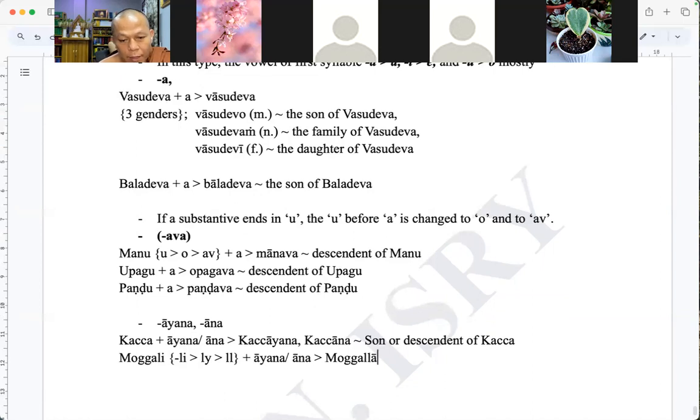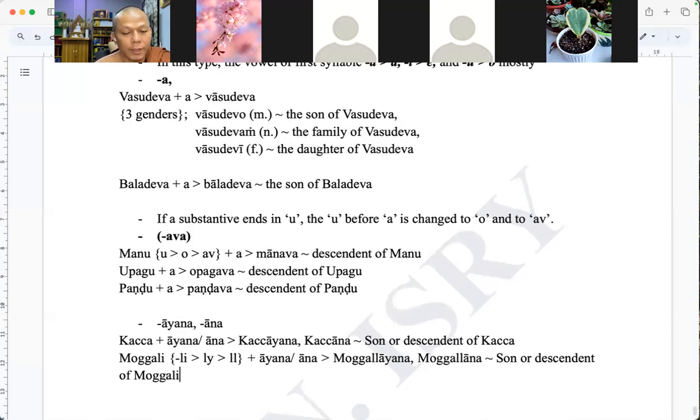So Maugan la yana, and then so Maugan la na in this way. So that means son or so descendant of the so Mowgli in this way.